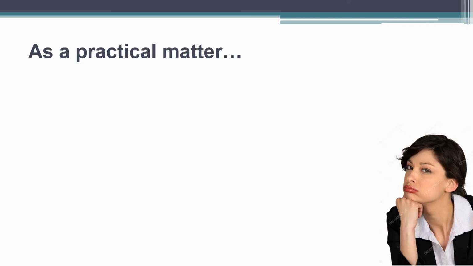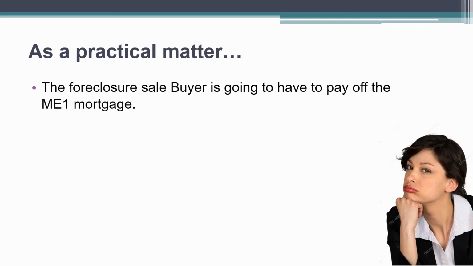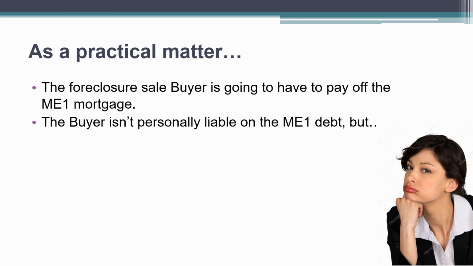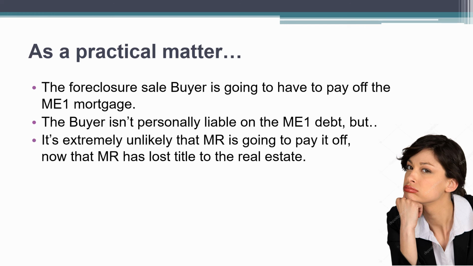What does that mean as a practical matter? As a practical matter, it means that the buyer is going to have to pay off the ME1 mortgage. Now, understand the buyer isn't personally liable on the ME1 debt, doesn't have any legal duty to pay it off. However, it's extremely unlikely that the mortgagor, the original borrower, is going to pay it off because now they've lost their title to the real estate, and they have almost surely lost all interest in making payments on any mortgage on that real estate.